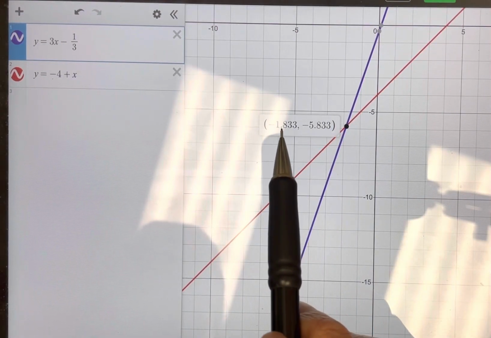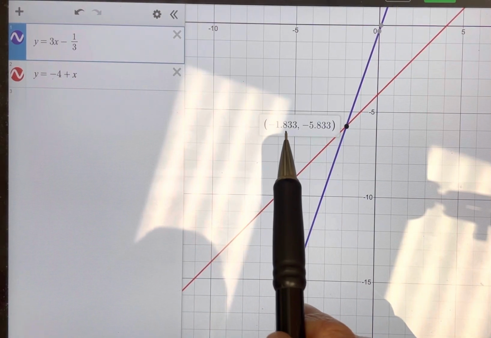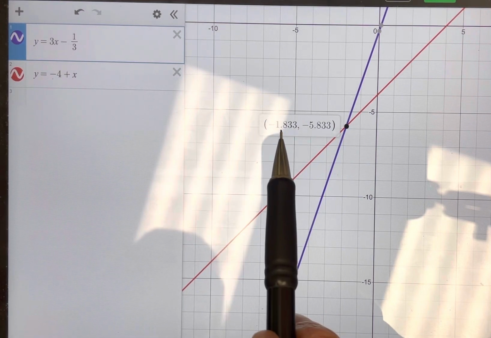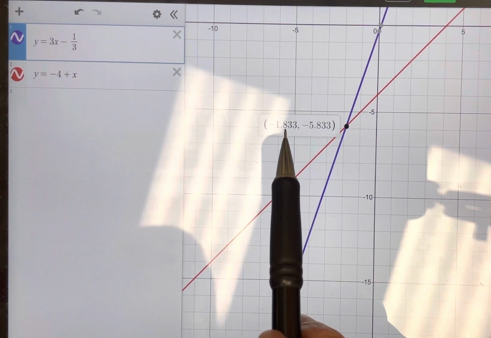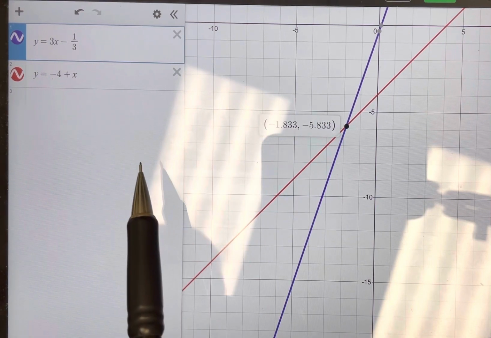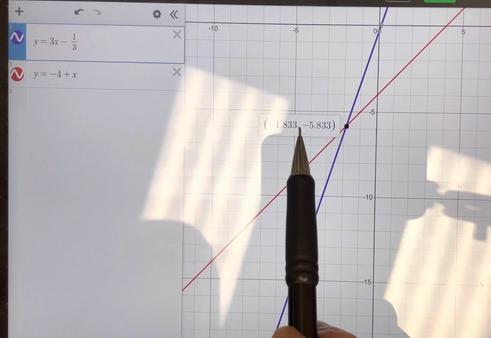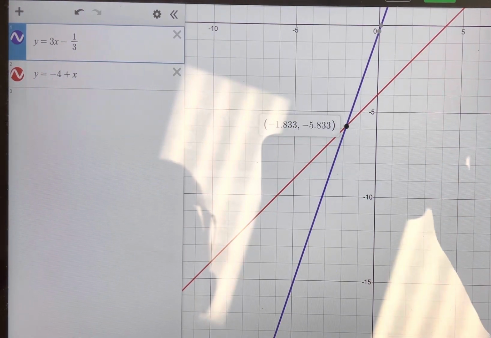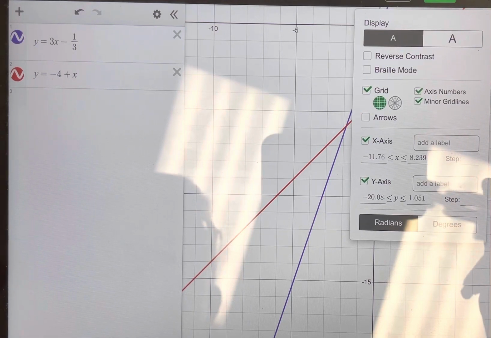And Desmos is giving me a decimal, negative 1.833, and that is their rounded approximation. It's the same number as negative 11/6, which is negative 1.833. I'm sure there's a way to make that into a fraction, I'm just not so sure how to do it.